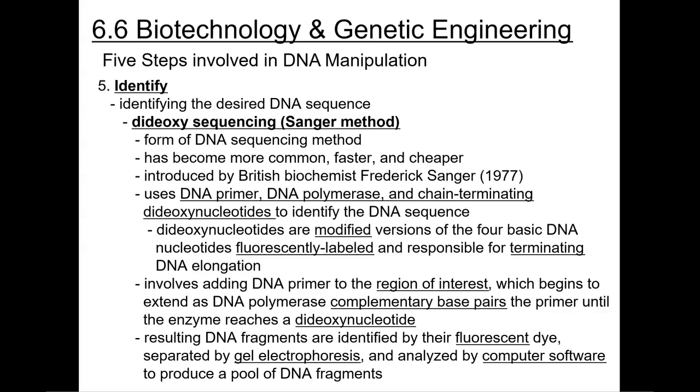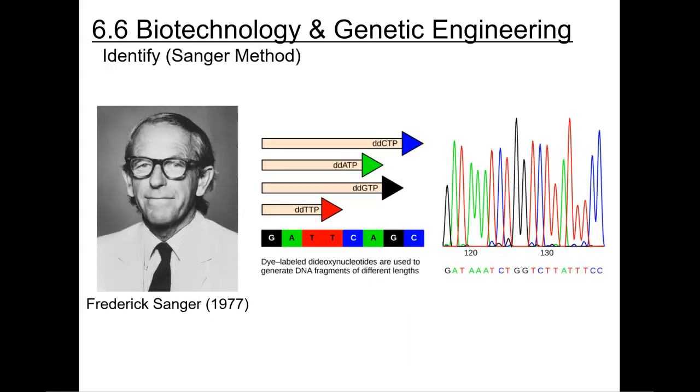It's separated by that gel electrophoresis, and then it's going to be analyzed by computer software to produce a pool of DNA fragments. That pool of DNA fragments is often referred to as a gene library. And so here is what it looks like. You have your dyed sections that are labeled, and then it produces this visual that you can see and identify them.